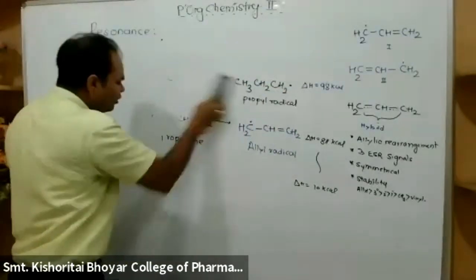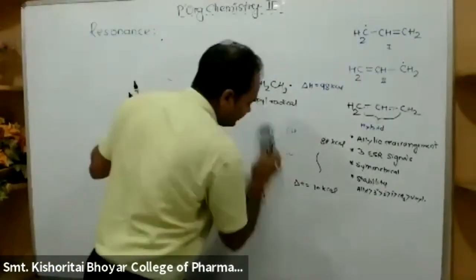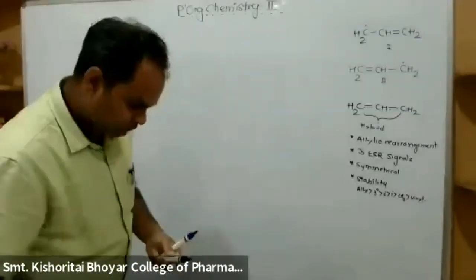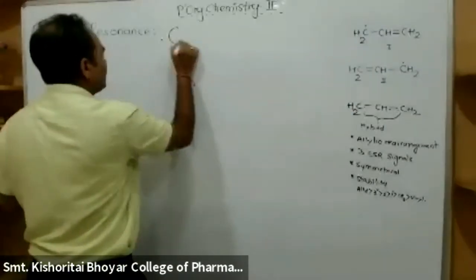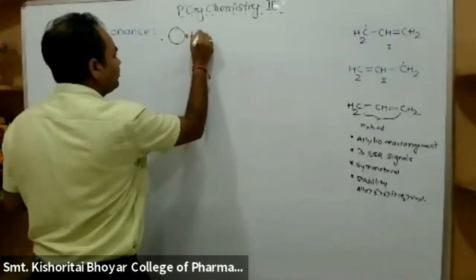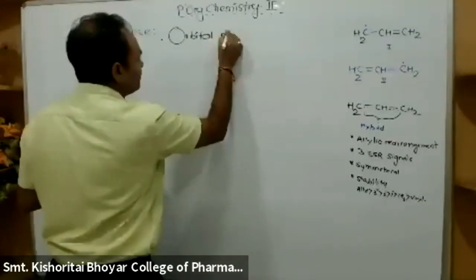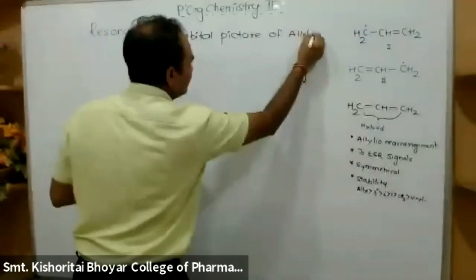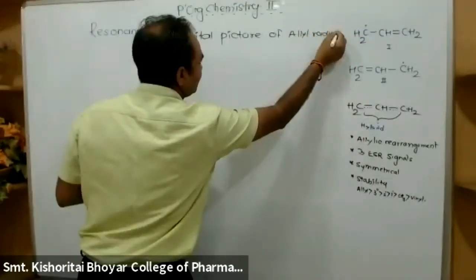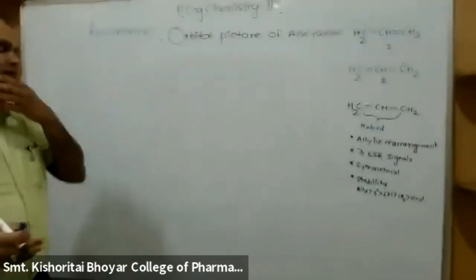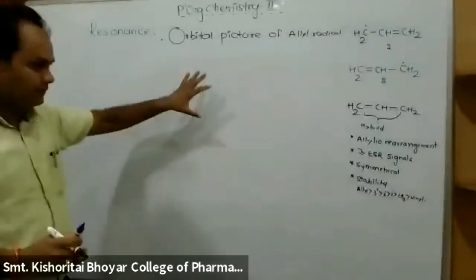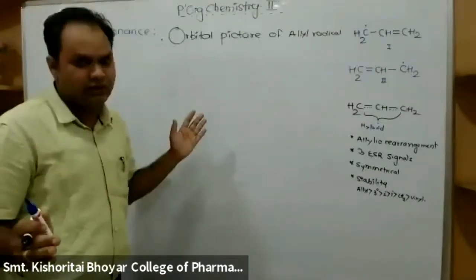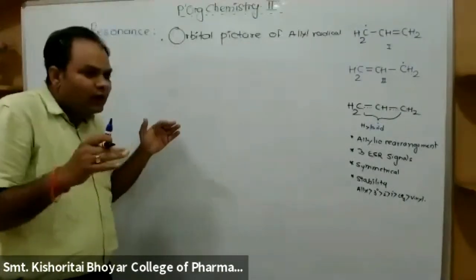Now we move on to the next point, that is the orbital picture of the allyl radical. So again, this point clears all your doubts, because some students have doubts in their mind.